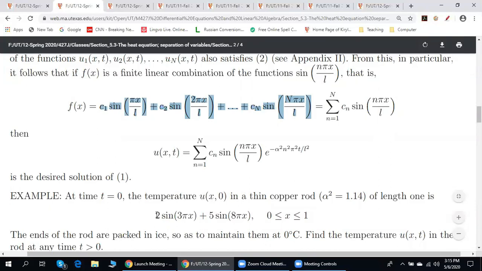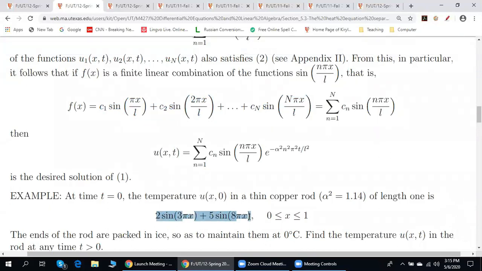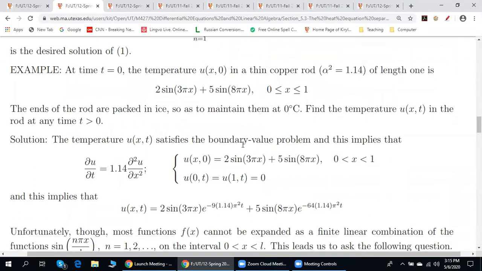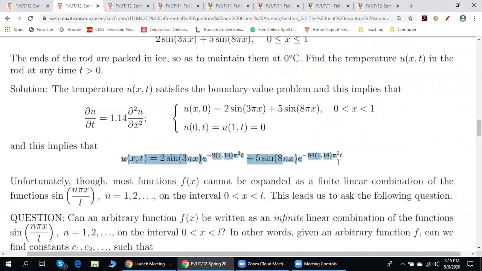So, if our function f is of a very special form, it is possible to find C's such that this is equal to this. And therefore, the solution of the boundary value problem will be what is written here. We discussed it last time.